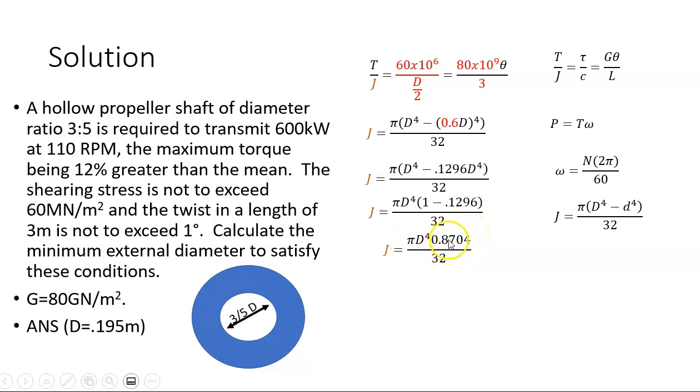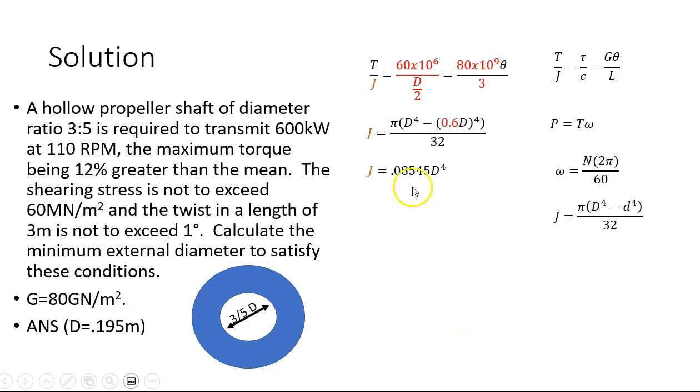So pi times 0.8704 divided by 32 is 0.08545. So J is equal to 0.08545 d to the power 4. Right, so we're going to keep that value there.